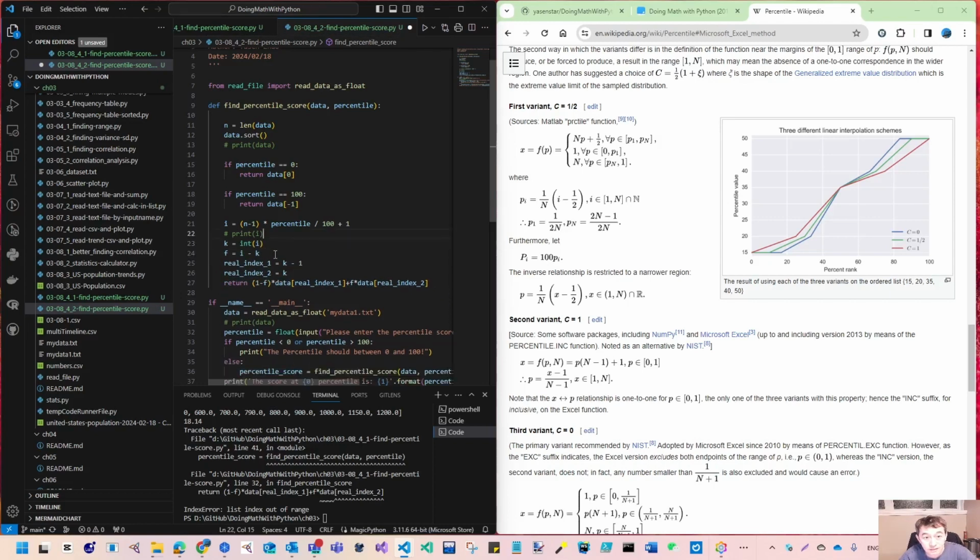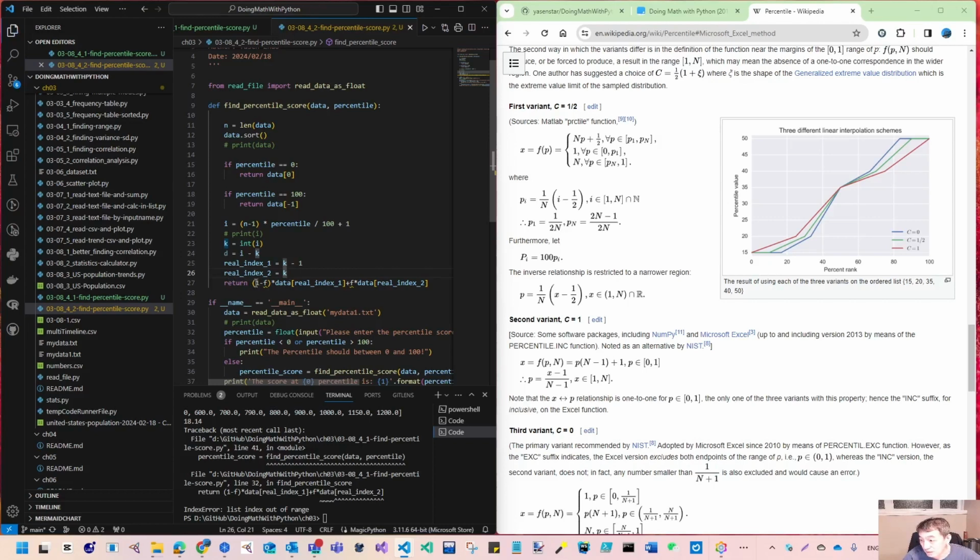For the calculation, we use k equal to the integer conversion of i, but we need another variable, which is i minus k. Then we will have real index 1 is k minus 1, and real index 2 is k. Then this k will not overflow.